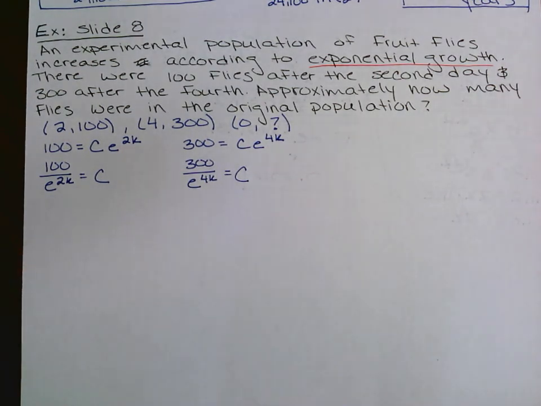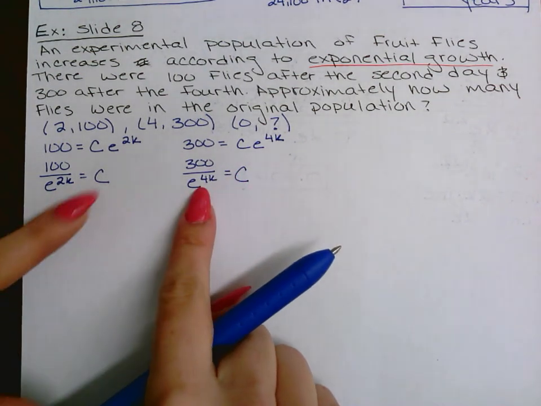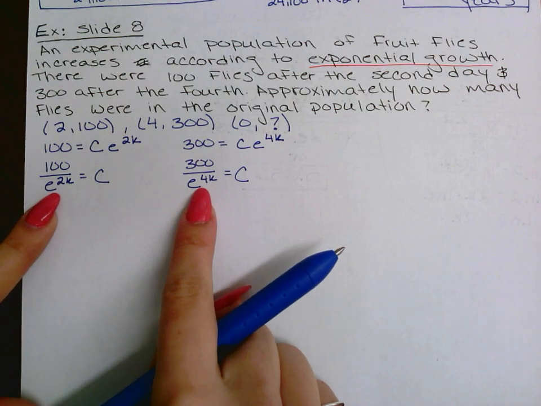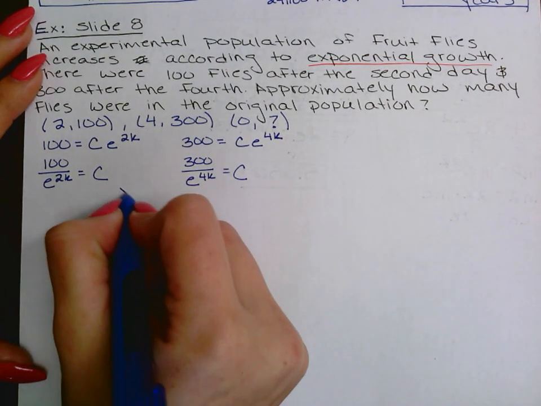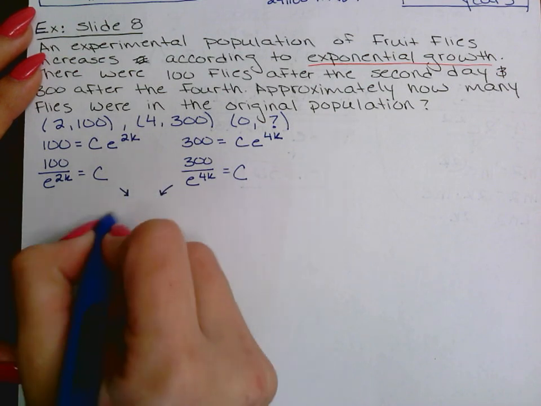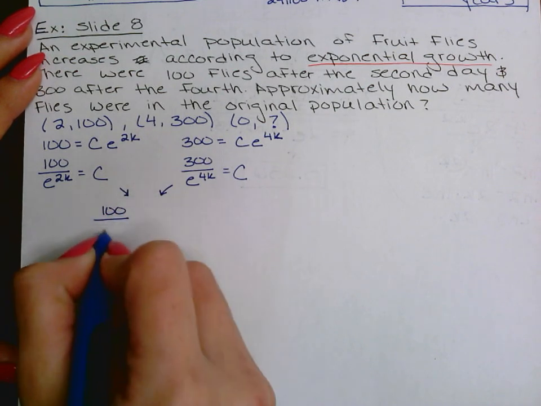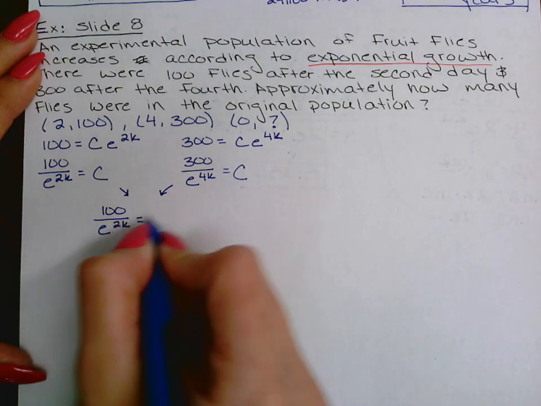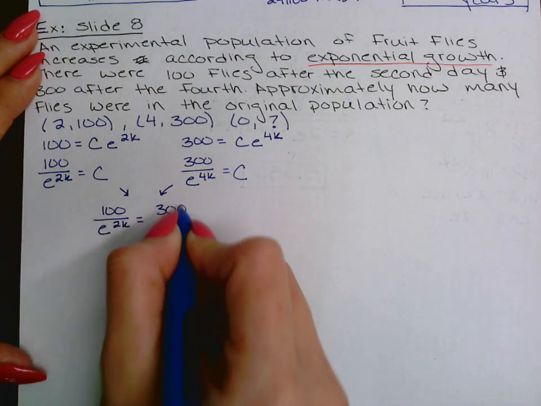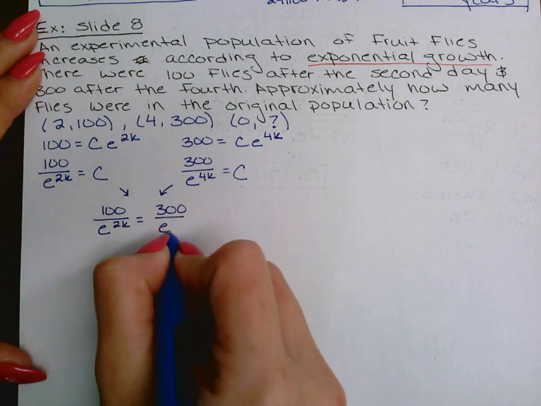Now that I have C by itself on each, well, if C equals this and C equals this over here on the right, then I can set them equal to each other. So I could say that 100 over e raised to 2K should equal, if they both equal C, then they should both equal each other.